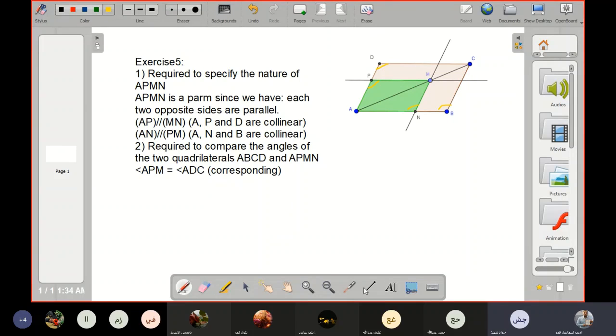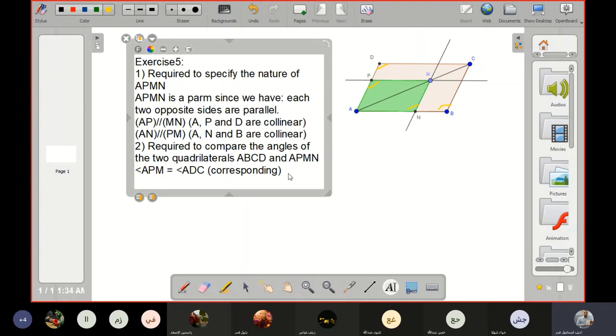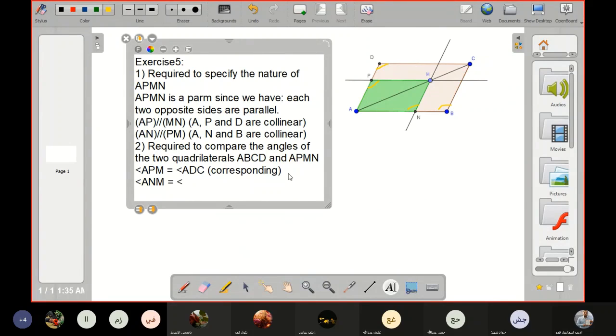Okay, good. So also we have angle ANM equal to angle ABC, the same reason, corresponding angles.